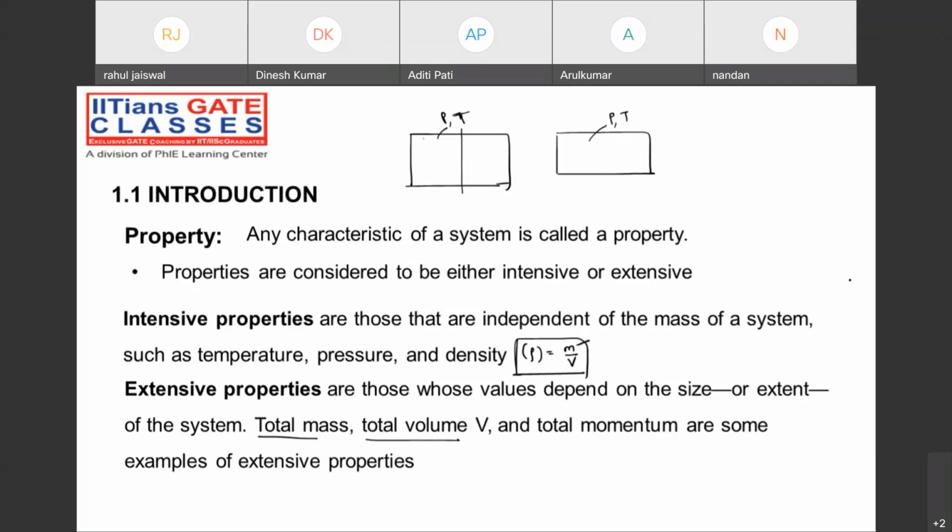If I say specific enthalpy, whether it's an intensive property or extensive property, if I just ask you the specific enthalpy, yes, it is an intensive property.